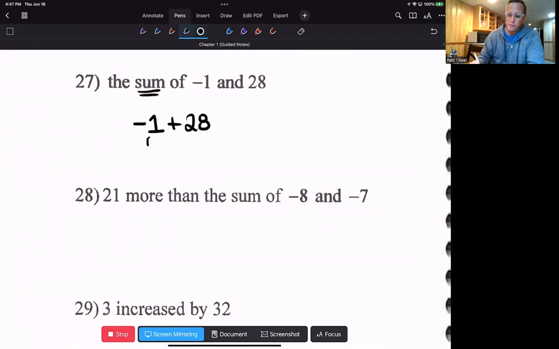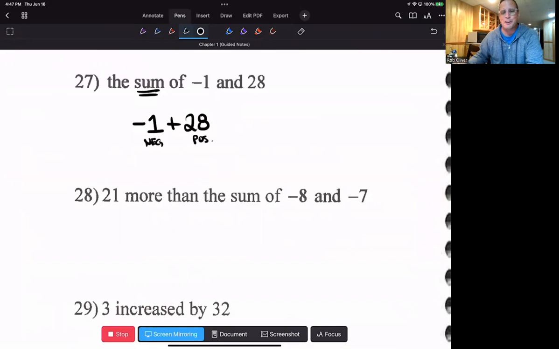You've got a negative and a positive. When that occurs, you find the difference. Remember, the rule is keep the sign of the number with the higher absolute value. The higher absolute value is positive, it's 28. So the answer is 27.